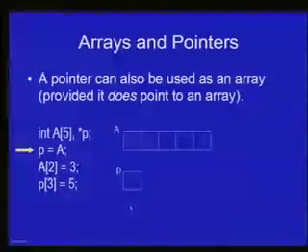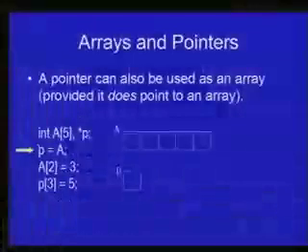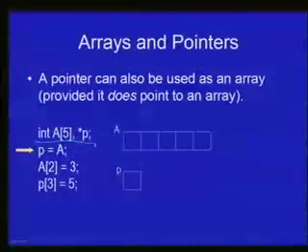Now the next important thing to understand is that even a pointer can be used with the array notation, that is, dereferencing using a pointer can be done even using the array notation, provided that the pointer does point to an array. So let's take a simple example. We have two declarations here again.